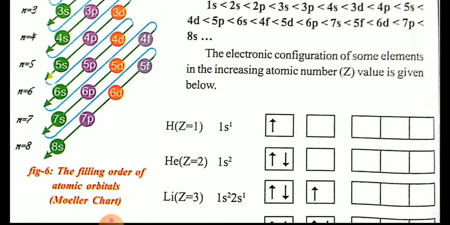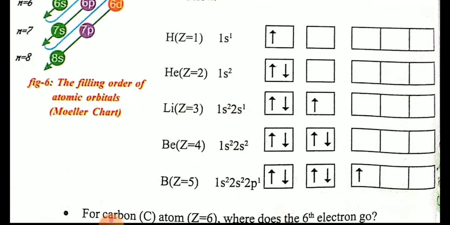Here the third electron should enter into the next shell. In the next shell, the lowest energy level is 2s, so the electron goes into the 2s. In beryllium, there are 4 electrons, so both the third and fourth electrons go into the 2s orbital only. 1s2, 2s2.